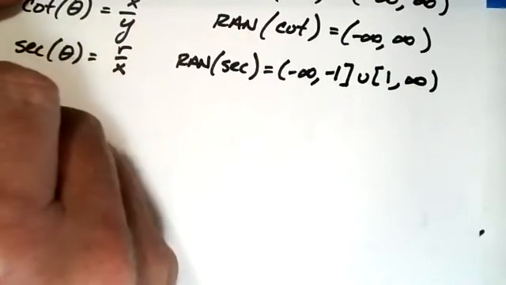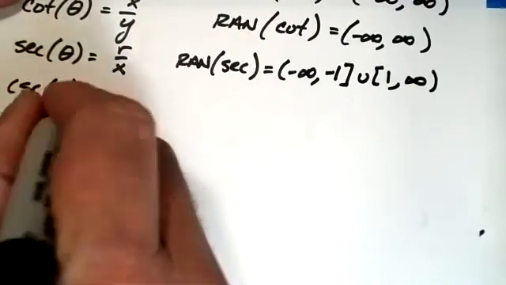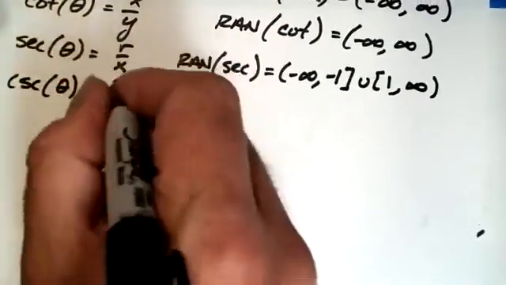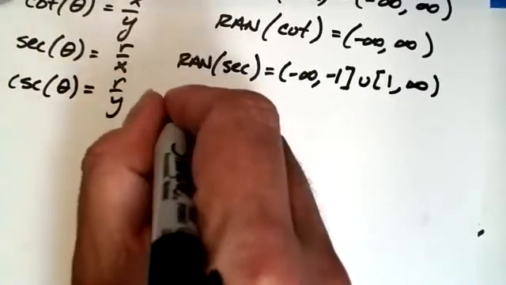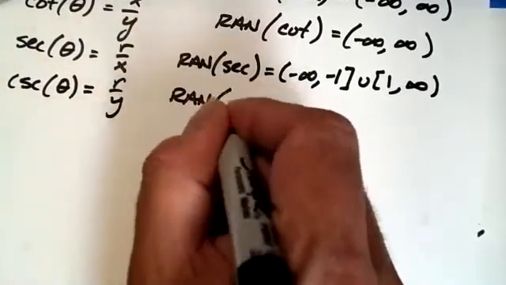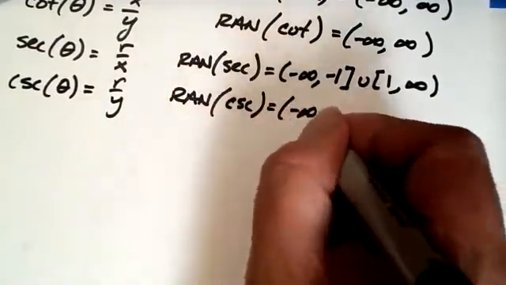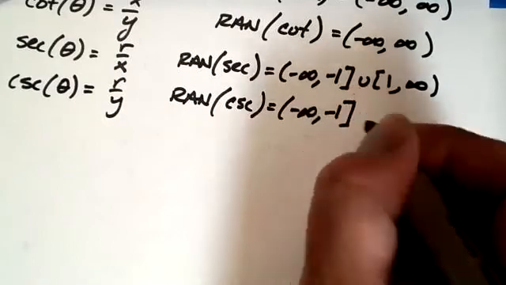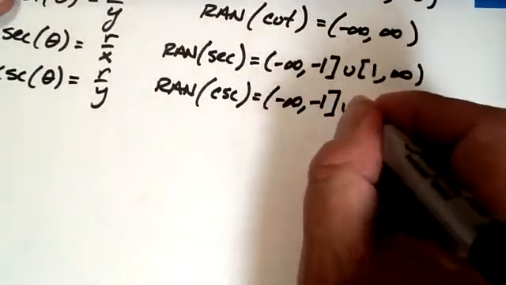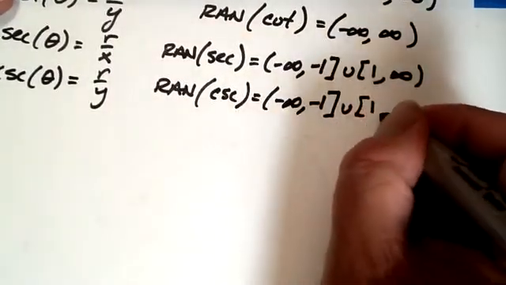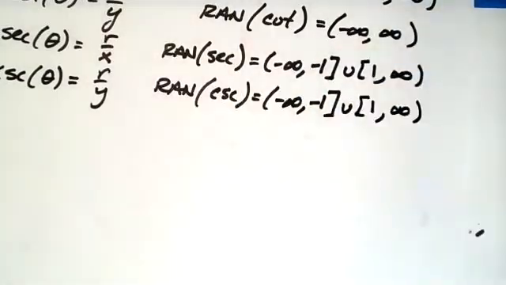Okay, and cosecant, which has the same sort of properties, except it's r over y, has exactly the same range.